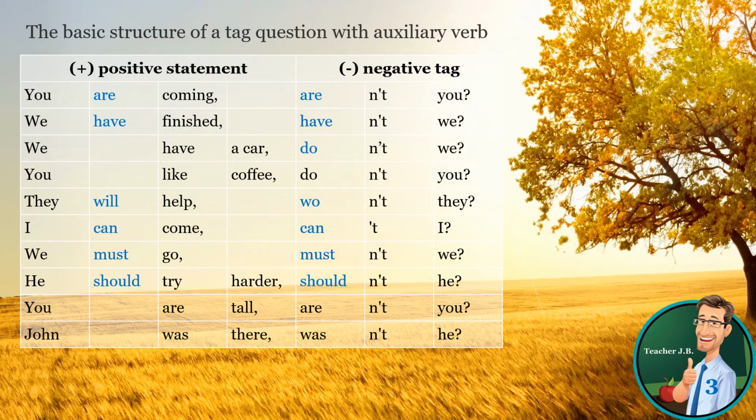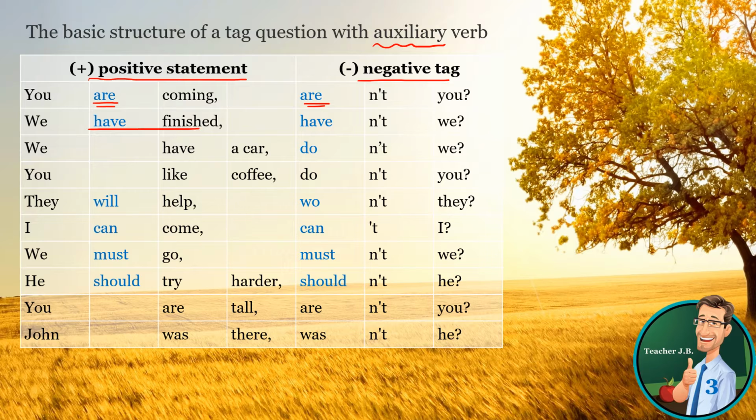Let us think about the basic structure of a tag question with an auxiliary verb. This is a positive statement and then a negative tag. You are coming, aren't you? So this is the auxiliary here, so we tag it: aren't you? You have finished.